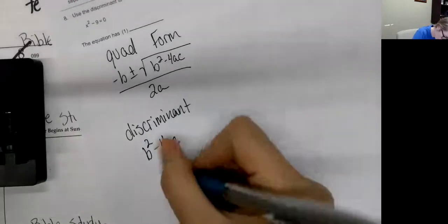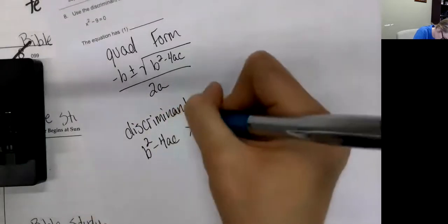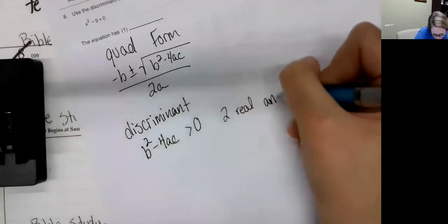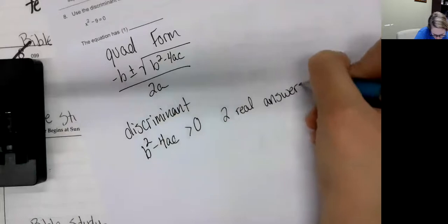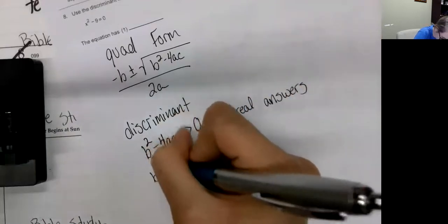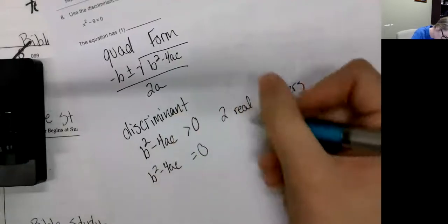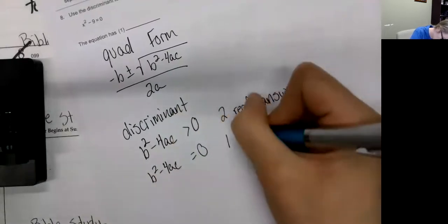If it's greater than 0, there's 2 real answers. If B squared subtract 4AC is equal to 0, there's 1 real answer.